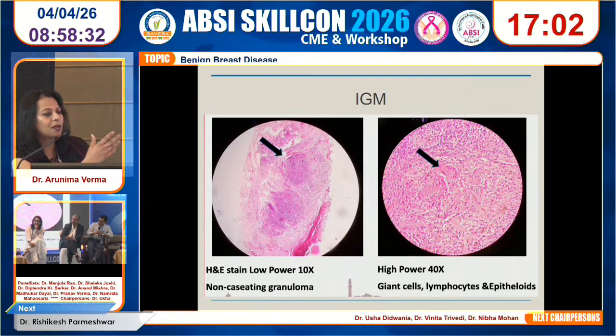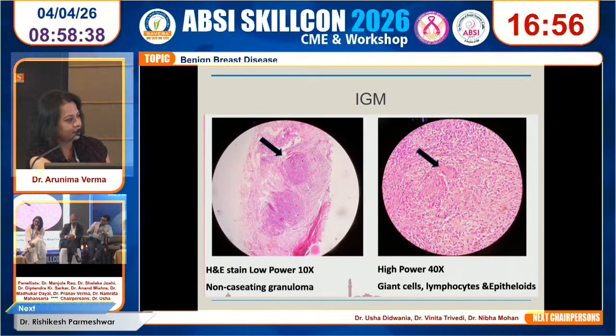But would you do some other tests for other non-caseating granulomatous diseases? Well, you should be clinically correlating. I have had patients with Wegener's granulomatosis, with sarcoidosis, with some collagen vascular diseases, but these patients typically do not present with these. Quite often patients of IGM will present with reactive arthritis.